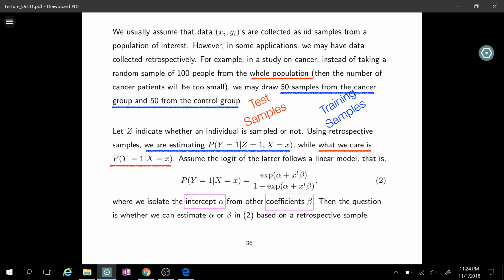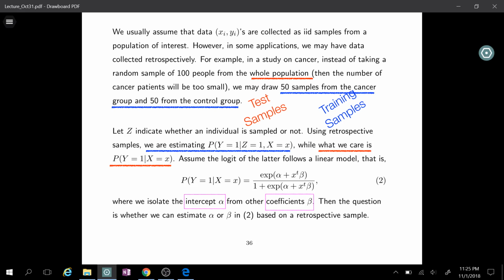For example, we wouldn't expect that in the whole population 50% of the people are cancer patients and 50% are non-cancer patients. That discrepancy between training and testing imposes some challenge, because in order for any machine learning algorithm to work, we have to assume our training and test are indeed generated from the same population, or the same random process.